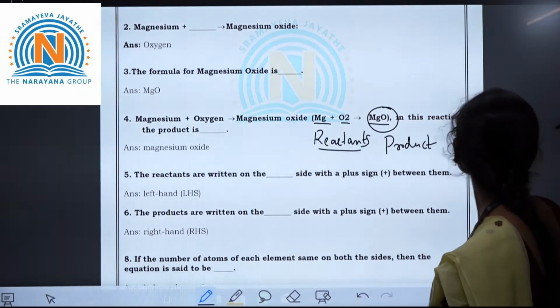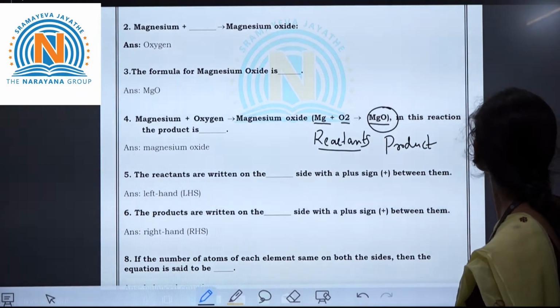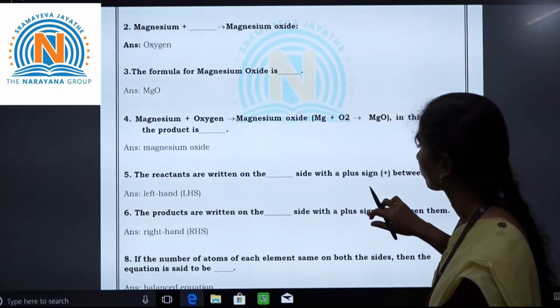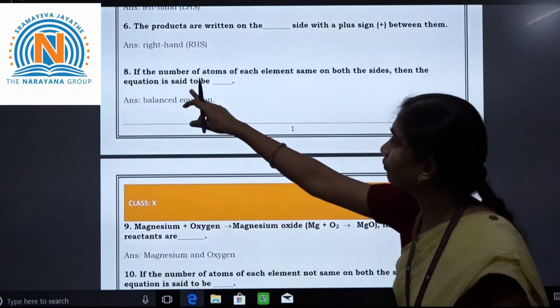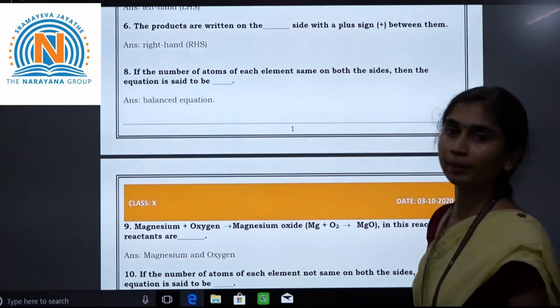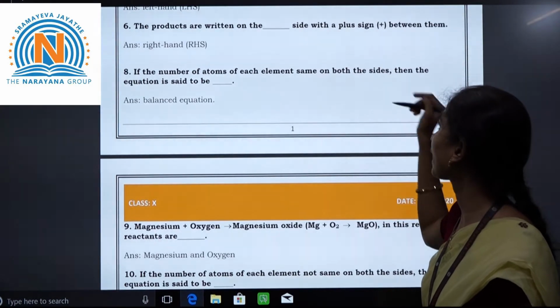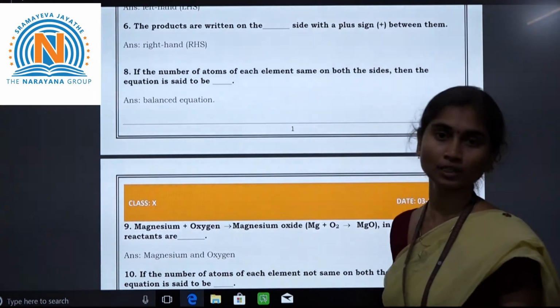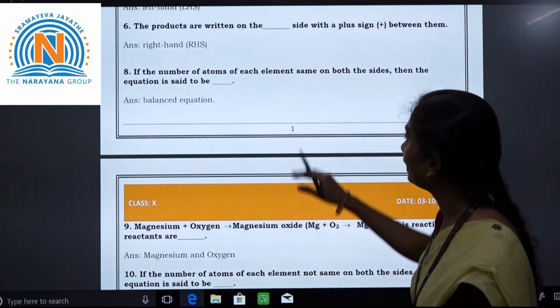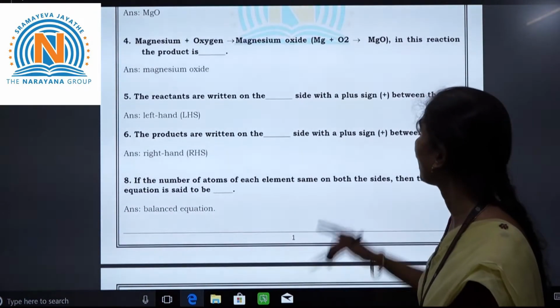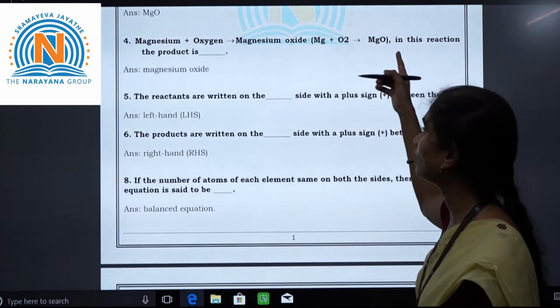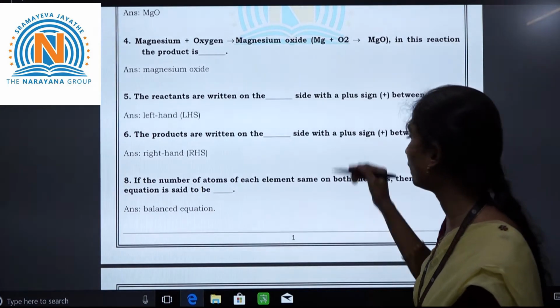And let us see the next question. If the number of atoms of each element is the same on both sides, then the equation is said to be dash. So in this case, suppose you see that magnesium plus oxygen gives rise to magnesium oxide, the same equation.